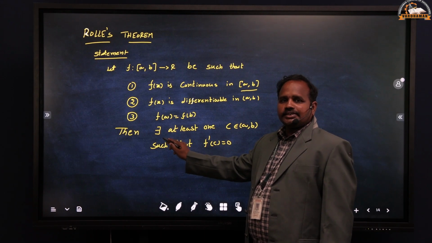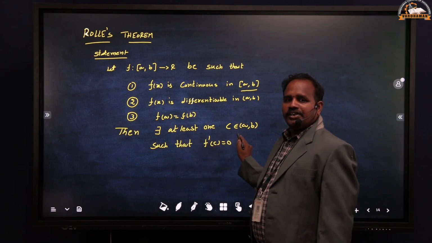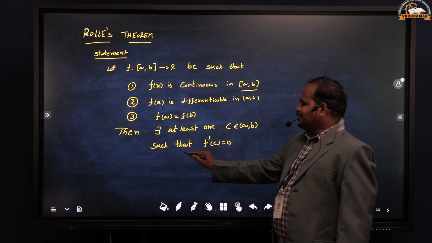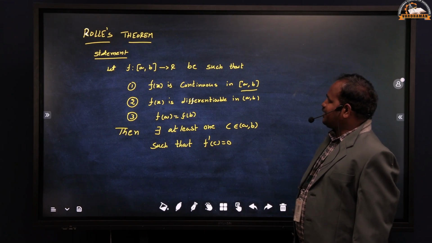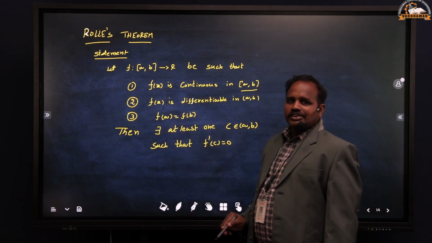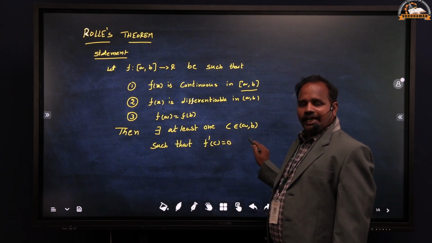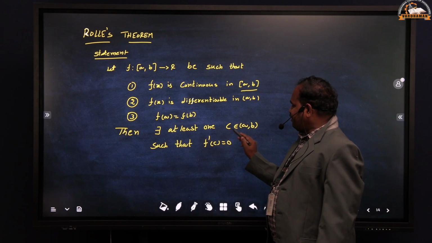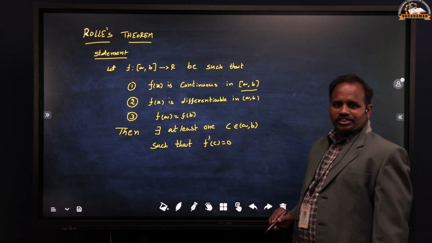Then there exists at least one c belonging to the open interval (a, b) such that f'(c) is equal to 0. This function f should satisfy these three conditions. Then there is an element c existing in the interval (a, b), and the derivative at that point becomes 0. This is the statement of Rolle's theorem.